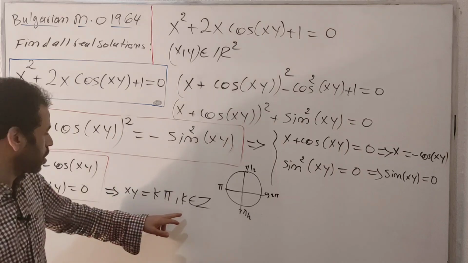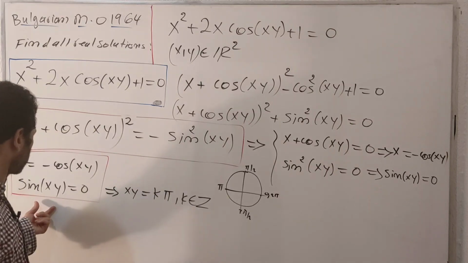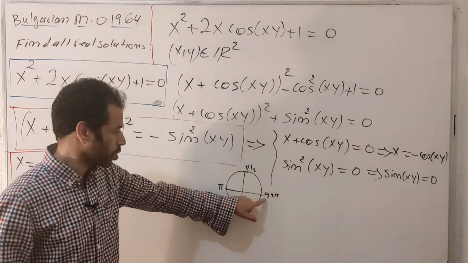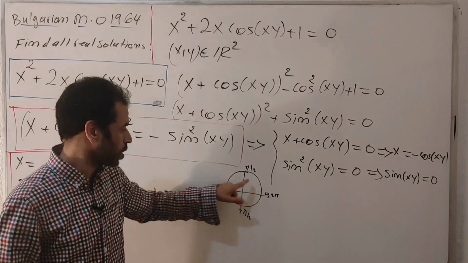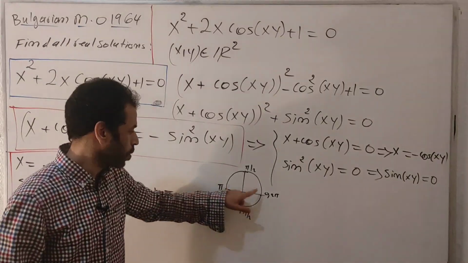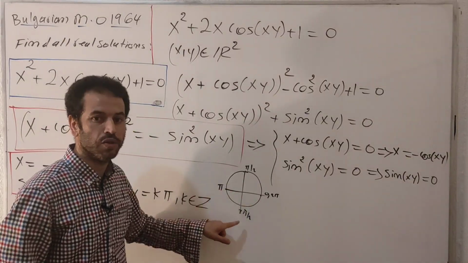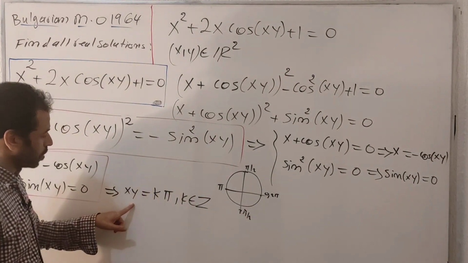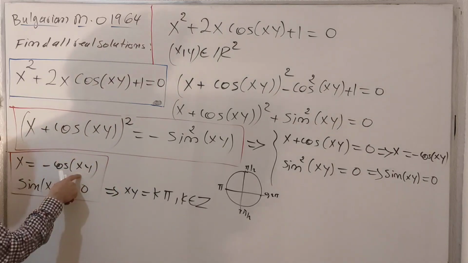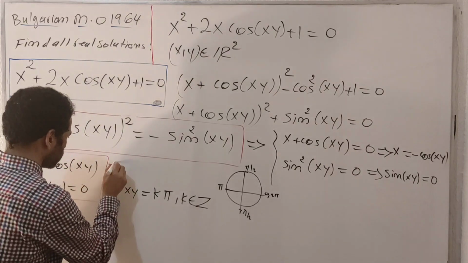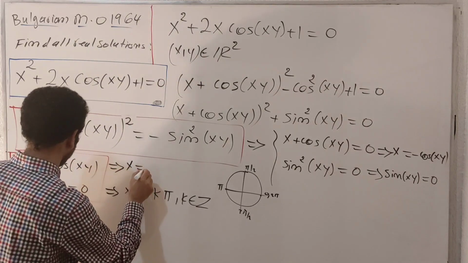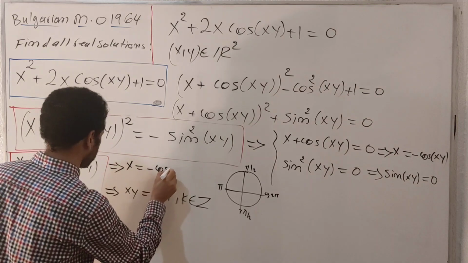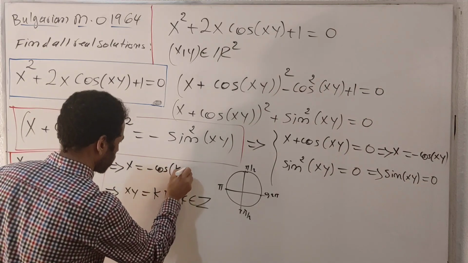So we get sine equals 0 at the points 0, pi, 2 pi, 3 pi, 4 pi, 5 pi, and so on. I'm going to take this value of xy and insert it into the cosine here. I will get x equals minus cosine k pi.